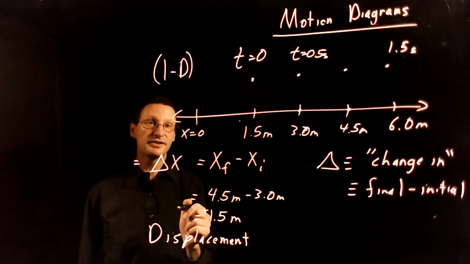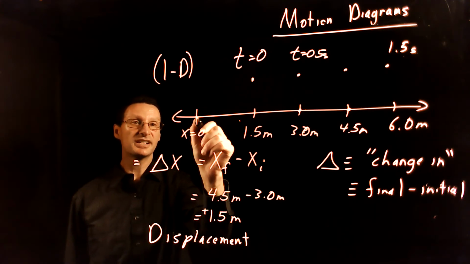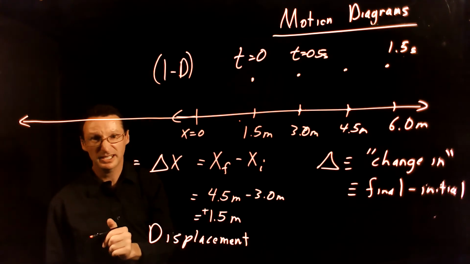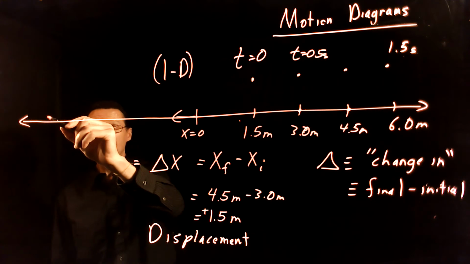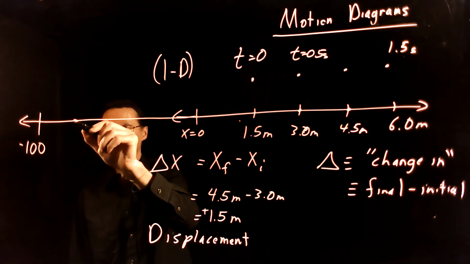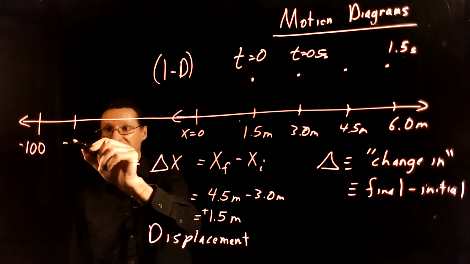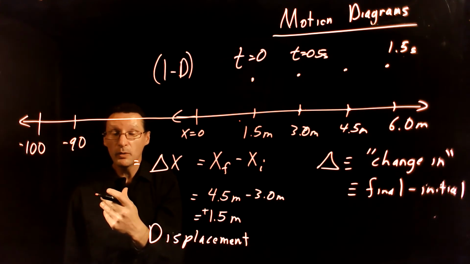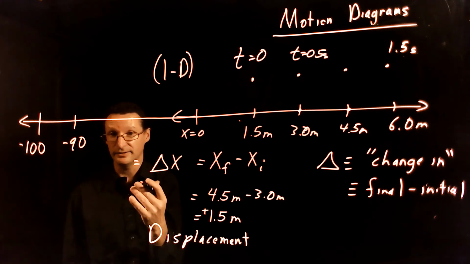An important thing to note here is that the position and the displacement don't have to be both positive and negative at the same time. So for example, if it were going from negative 100 meters to negative 90 meters, the position at these two points is both negative.